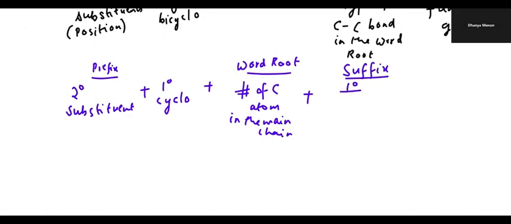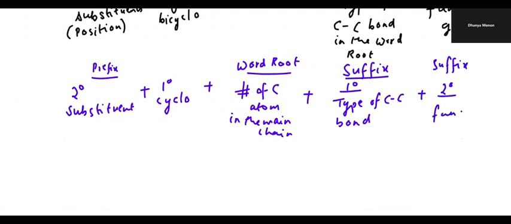Type of carbon-carbon bond, whether it is single bond, double bond, or triple bond. After that, the secondary suffix. In secondary suffix, we mention the functional group, which can be aldehyde, ketone, acid, alcohol. Many functional groups are there. We will be discussing this. So this is the order.